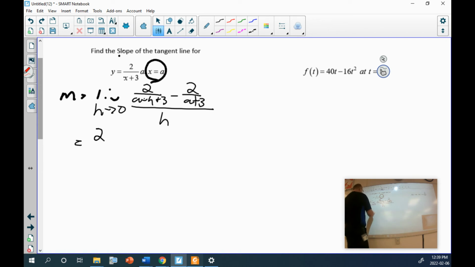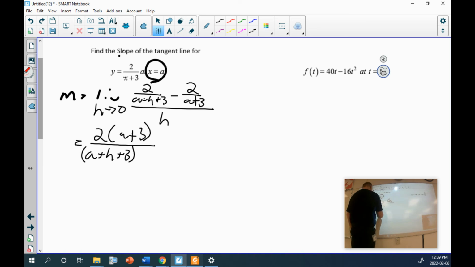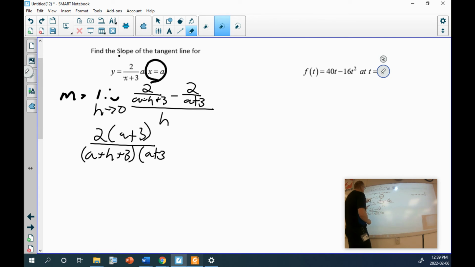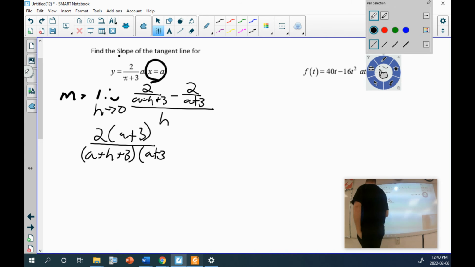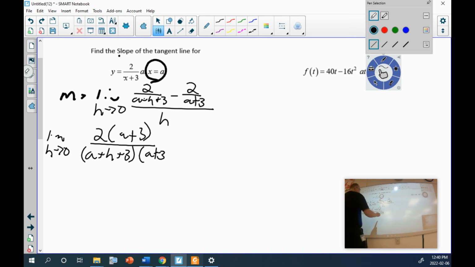So I have 2a plus 3 over a plus h plus 3 times a plus 3. It's now my limit as h approaches 0.